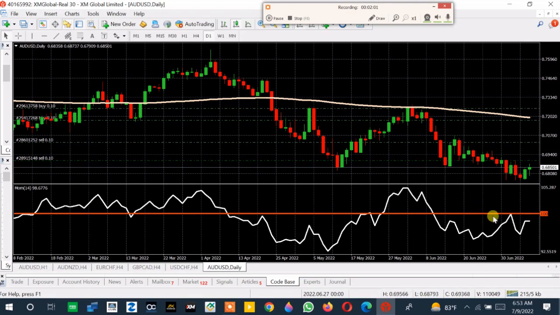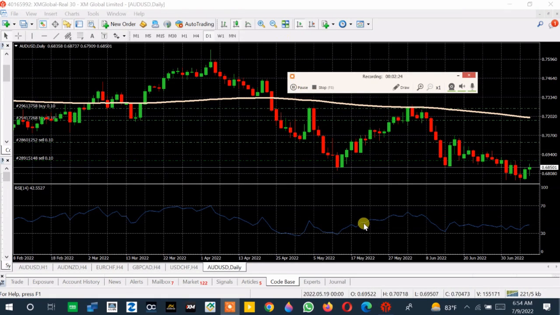This red line indicates 100. When the momentum line crosses above the 100, that means a buy entry opportunity. When the momentum line crosses below the 100 level, that means the market is going down.